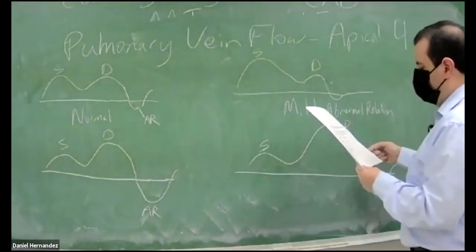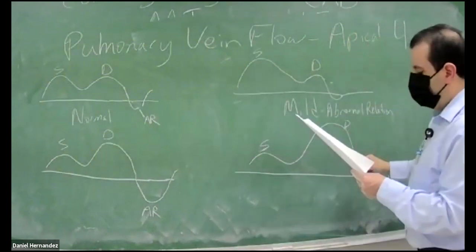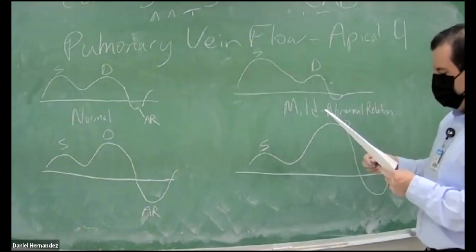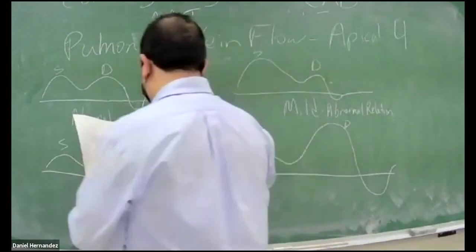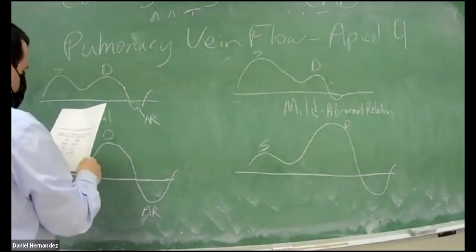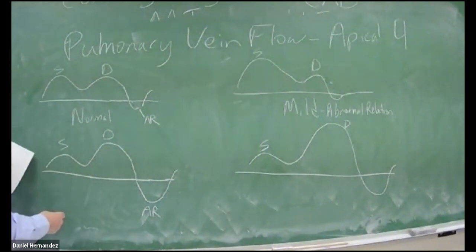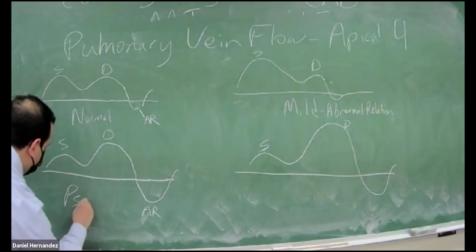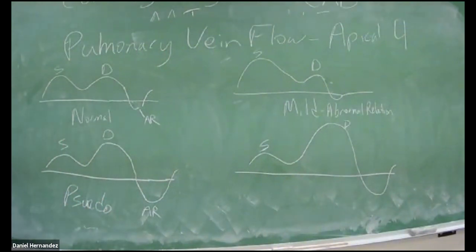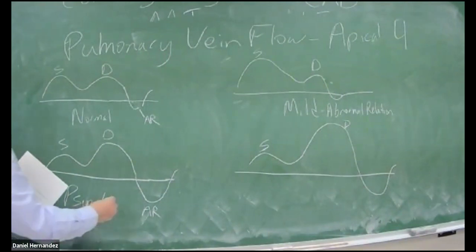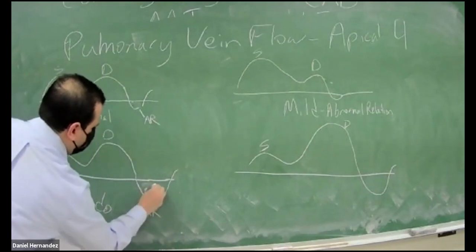And then with our abnormal relaxation pattern, there's more during the systolic portion and less during diastole. And then this is that pseudo-normal. So here we're getting increased atrial pressures at this point.